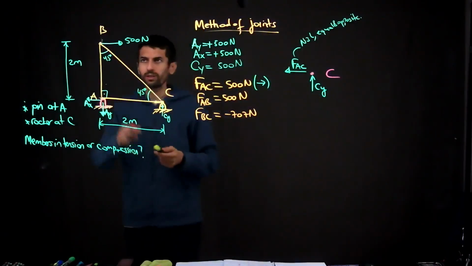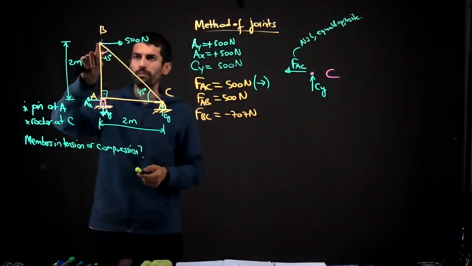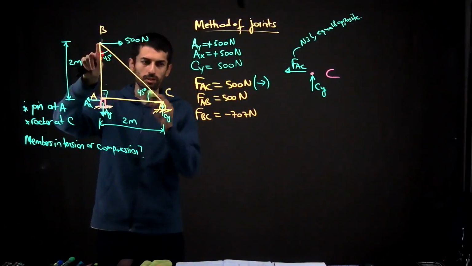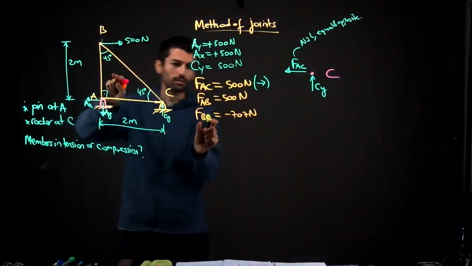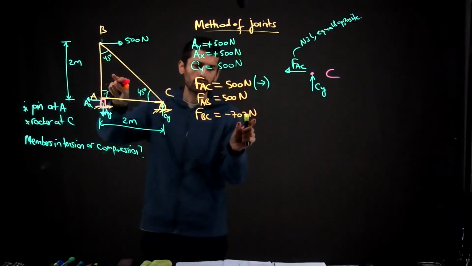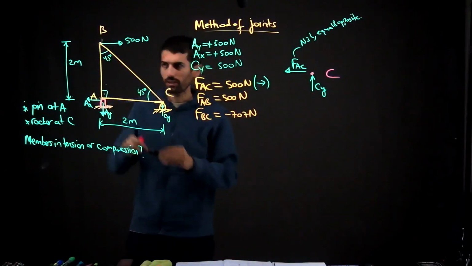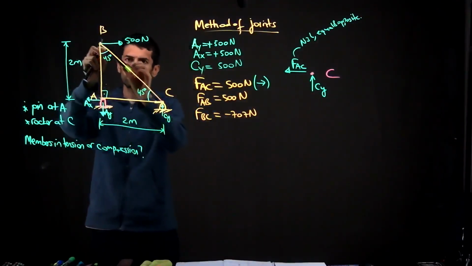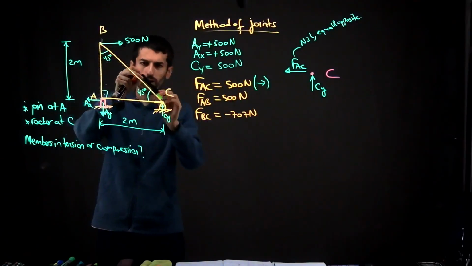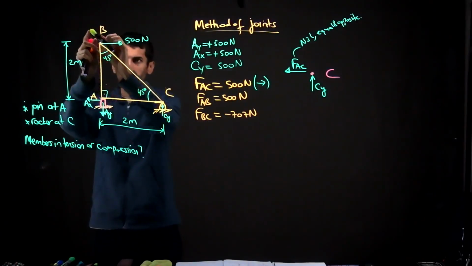And the last one will be the force in member BC. We have found that the force is negative 707 newtons. Negative means that we said that the force is this way, but it came out that the force is that way.